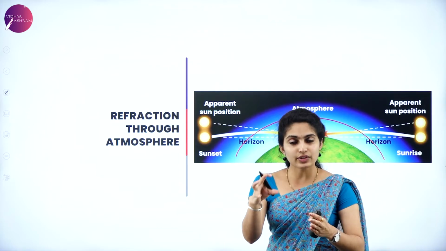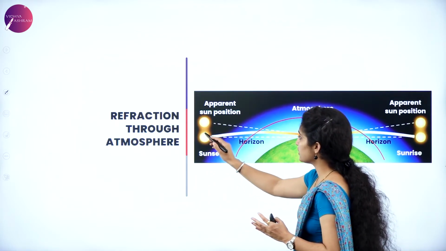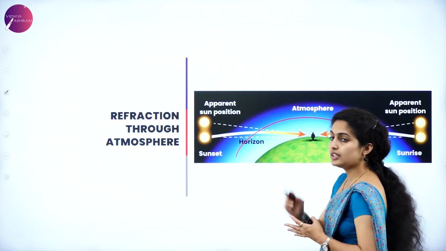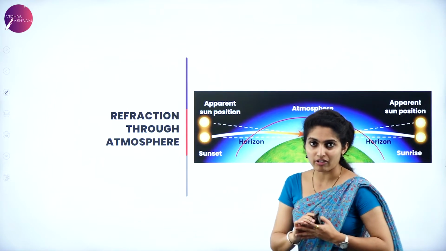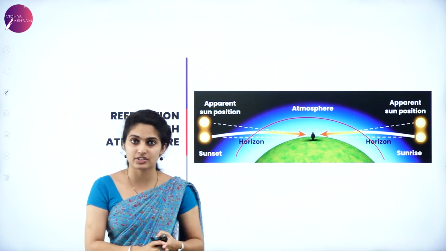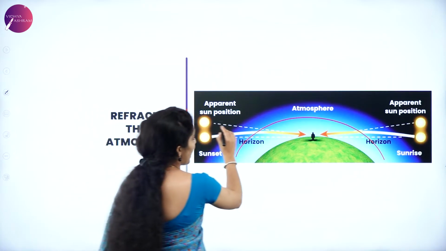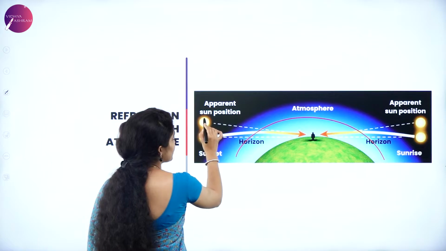The light rays coming from the sun, from the original position of the sun before crossing the horizon, undergo too many deviations, that is refractions, because of which the apparent position, when you mark a dotted line, is where we feel the sun is present.